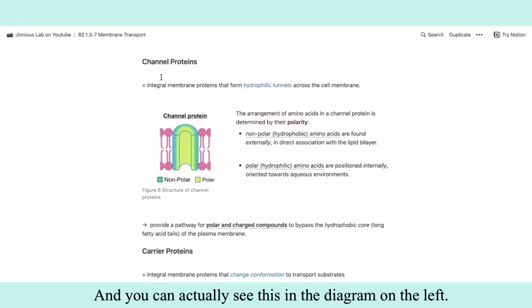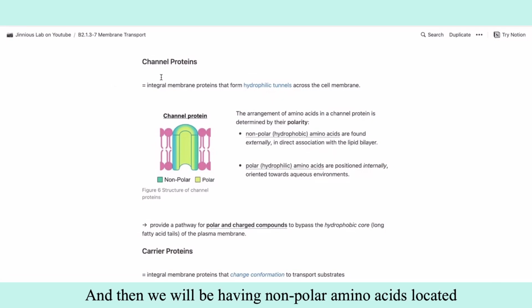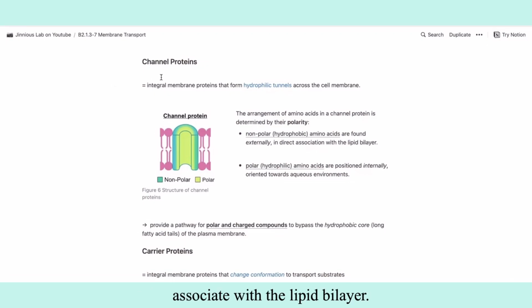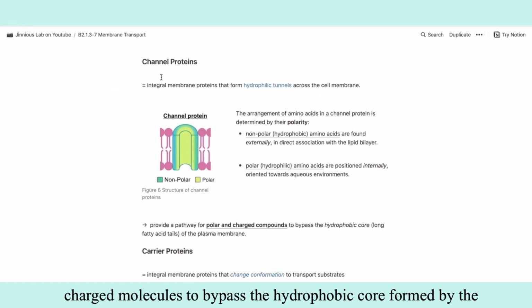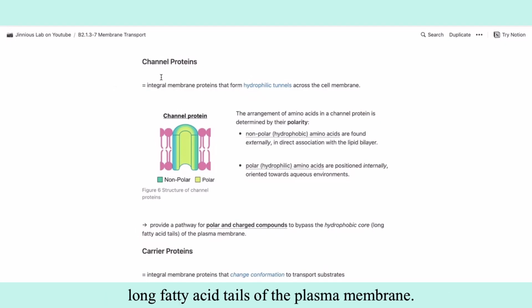You can actually see this in the diagram on the left. Nonpolar amino acids are located externally in the channel protein, so they can directly associate with the lipid bilayer. This structure essentially provides a pathway for polar and charged compounds to bypass the hydrophobic core formed by the long fatty acid tails of the plasma membrane.